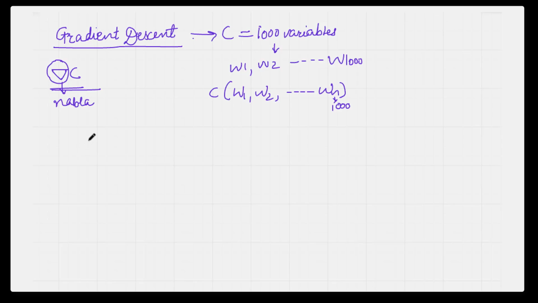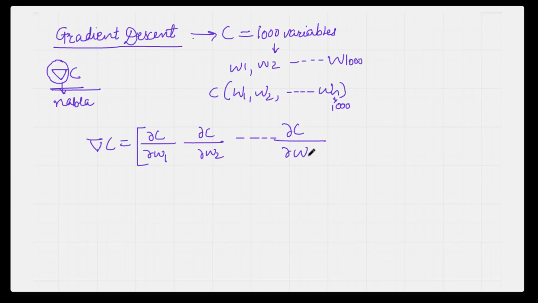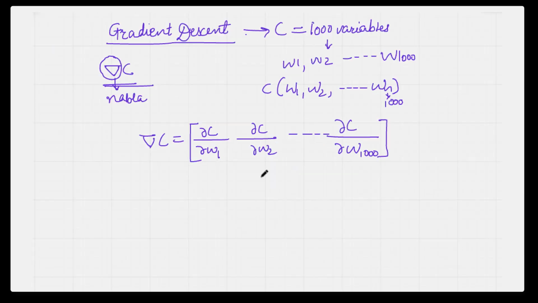Look familiar? How will it be? It is nothing but the partial derivative of the cost function with respect to w1, the cost function with respect to w2, and so on, till the whopping 1000th.